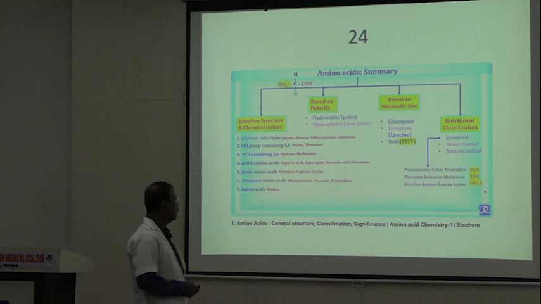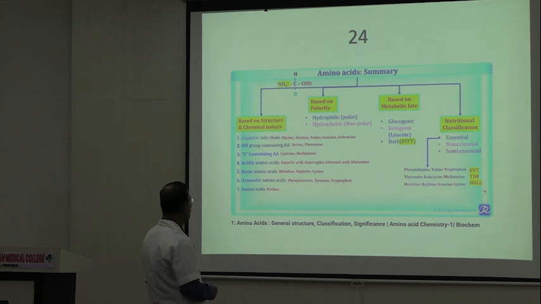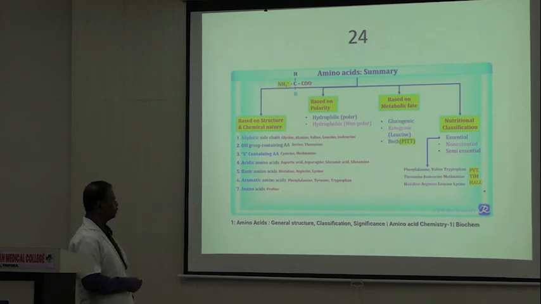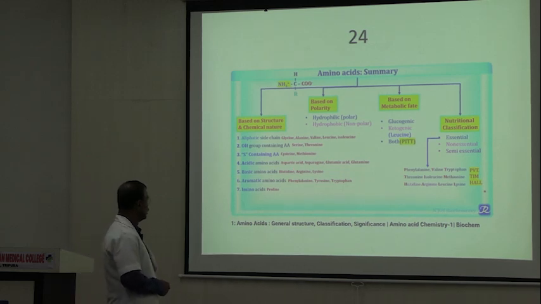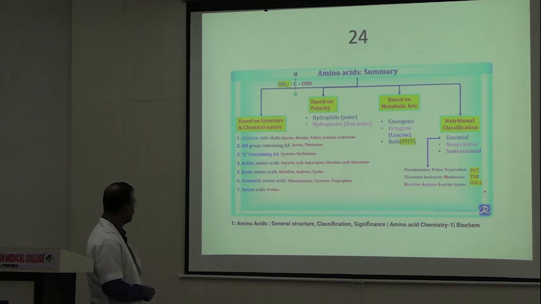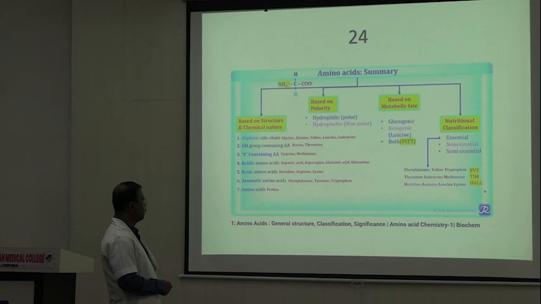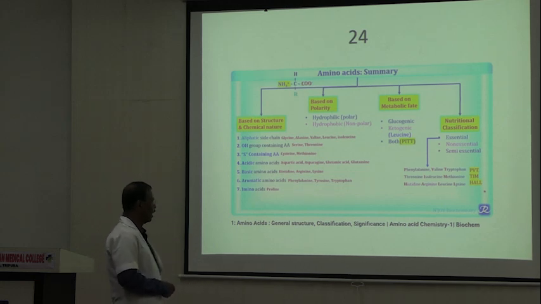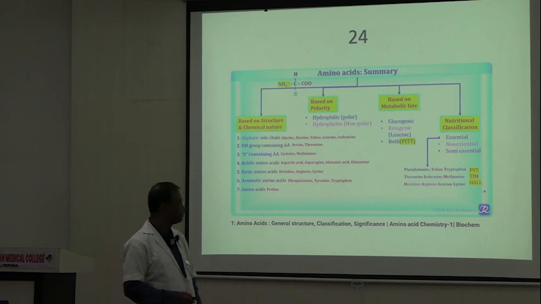Sulfur-containing amino acids: cysteine and methionine. Acidic amino acids: aspartic acid, glutamic acid and their amides. Basic amino acids: histidine, arginine, lysine. Aromatic amino acids: phenylalanine, tyrosine, tryptophan, and the imino acid, proline.